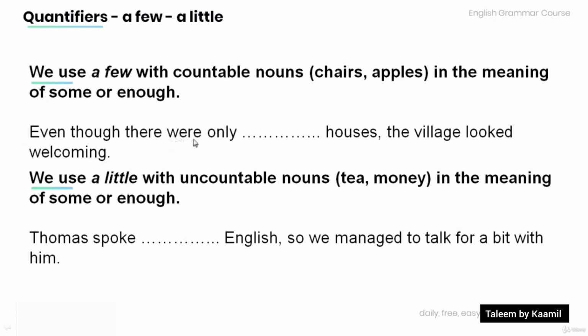Even though there were only houses, the village looked welcoming. Even though there were only a few houses, the village looked welcoming. Thomas spoke a little English, so we managed to talk for a bit with him.